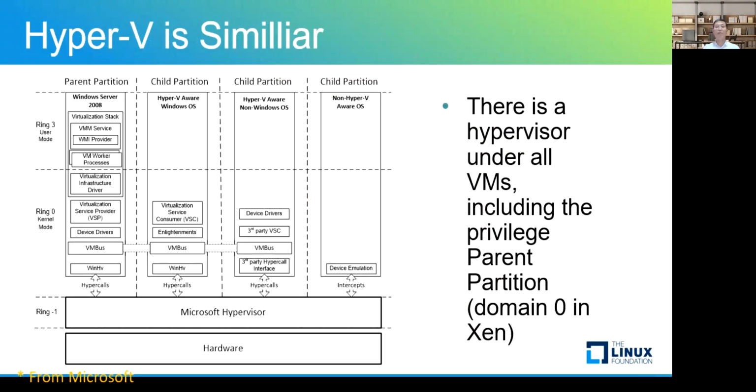The Hyper-V from Microsoft has a similar architecture. There is also a hypervisor under all VMs. In Microsoft's terms, a VM is called a partition. The parent partition is equivalent to domain 0.